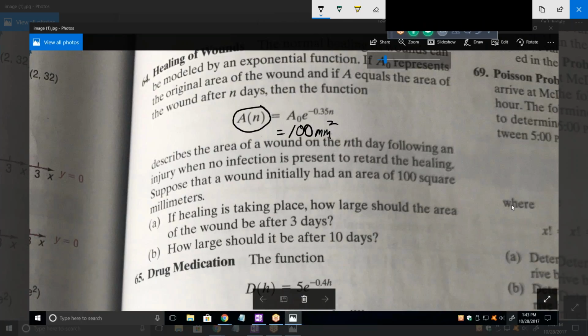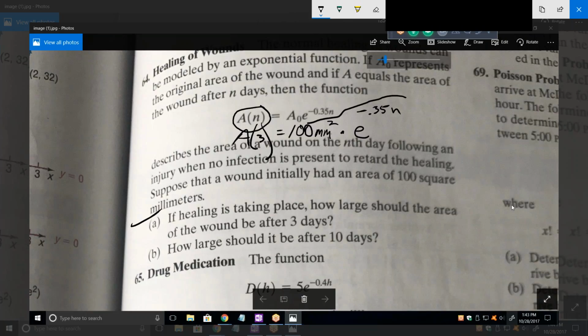Okay, so that's A sub 0, we're multiplying it by e to the minus 0.35 n. All right. What am I substituting for n? 3. So that's A of 3, and that's going to be that.